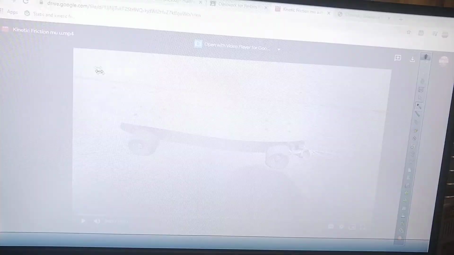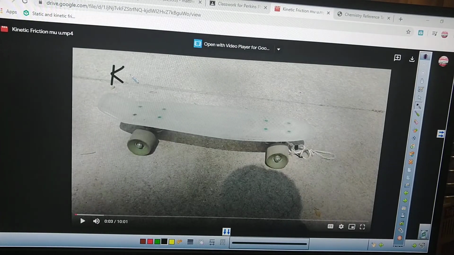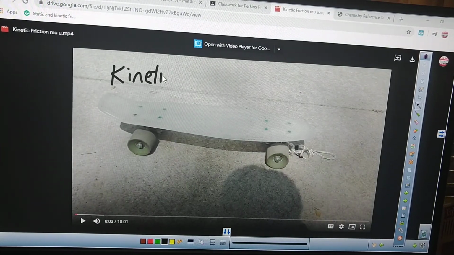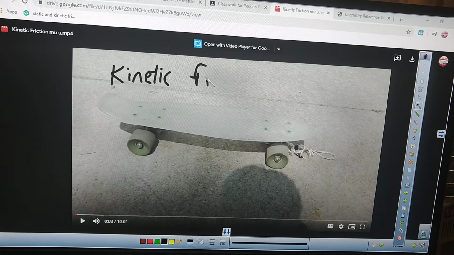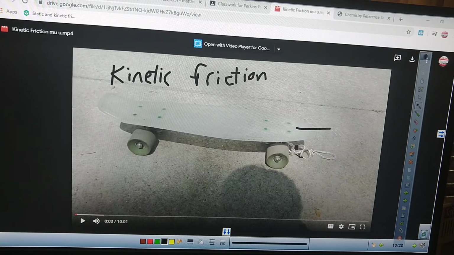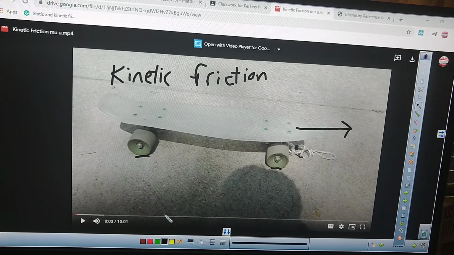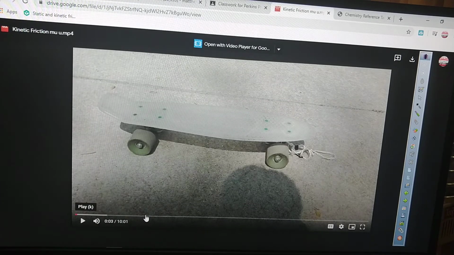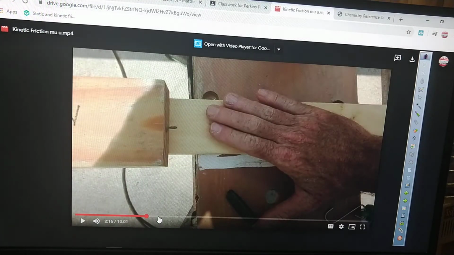Then we talked about kinetic friction. We said, hey, check this skateboard out. Kinetic friction. And we found out by watching the video that this skateboard, even though it's heavy, is easier to move because it has wheels. It's very easy to move. Easier to move than this very, very light block of wood.